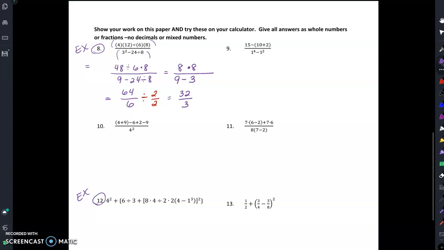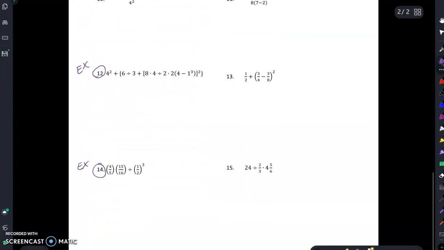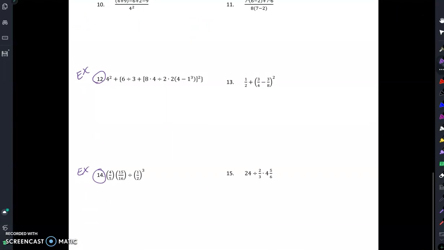So the next example we're going to look at is number 12. So this one has quite a bit of steps. So we're going to start from the innermost here, which would be right here where I have that 4 minus 1 cubed, and then everything else has to carry down.